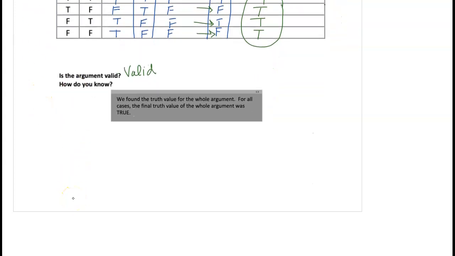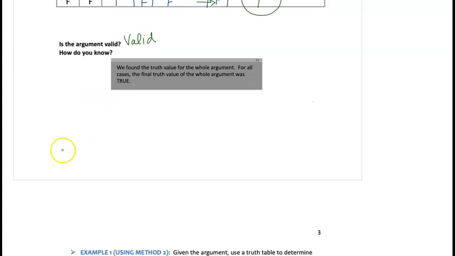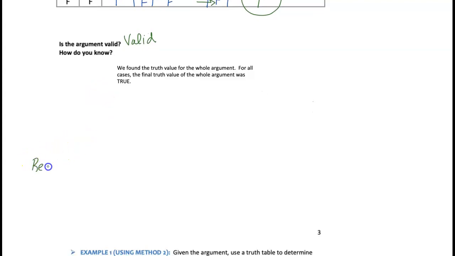In method 2, I want to remind us that when we're working with conditionals, if-then statements, the one that fails is when we had a true antecedent and we implied and then our consequence was false.